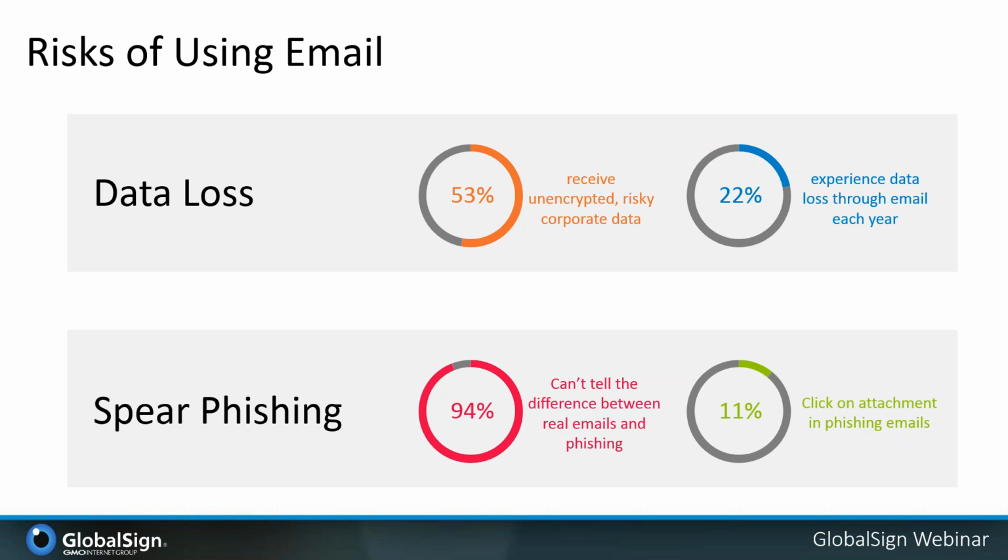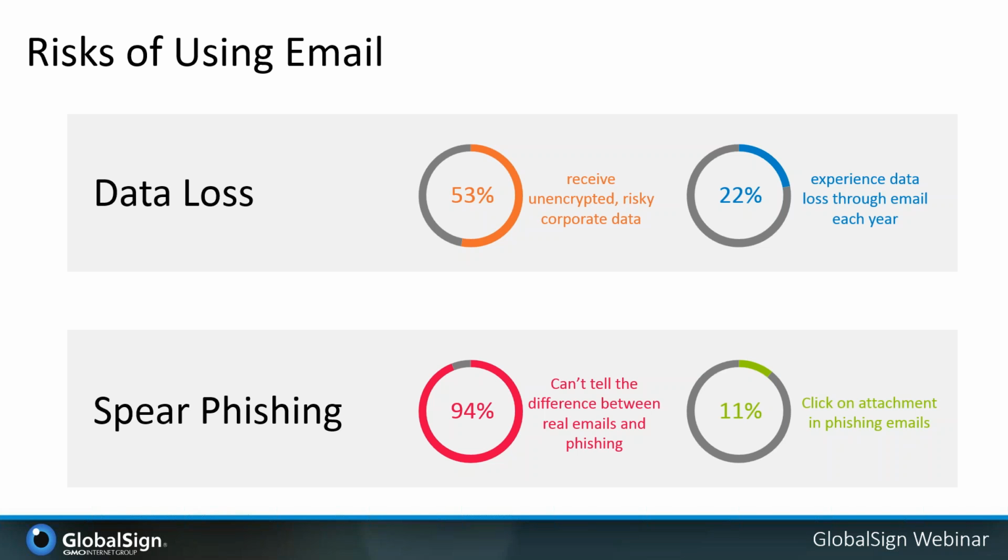And in addition to data loss, spear phishing attacks are also on the rise. Often with spear phishing, the attacker will impersonate an individual or department from your organization. For example, you may receive an email that appears to be from your IT department saying you need to re-enter your credentials on a certain site, or one from HR with a new benefits package attached. It can be very difficult to identify these types of messages.